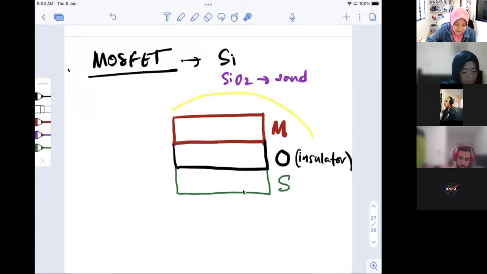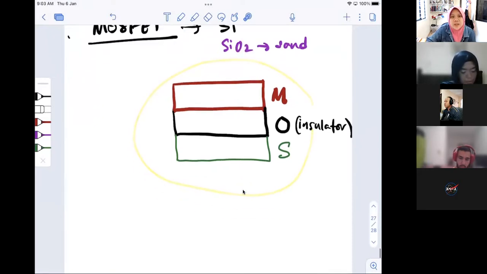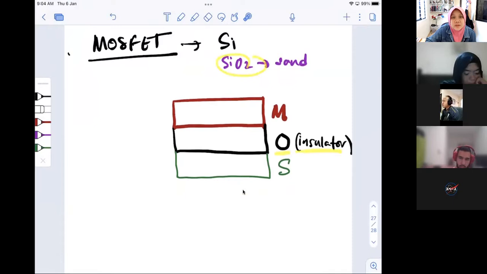Another thing that is very convenient for the design and manufacturing of the MOSFET is that this oxide insulator is just silicon dioxide. Silicon dioxide, the sand that you find at the beach, is actually an insulator.